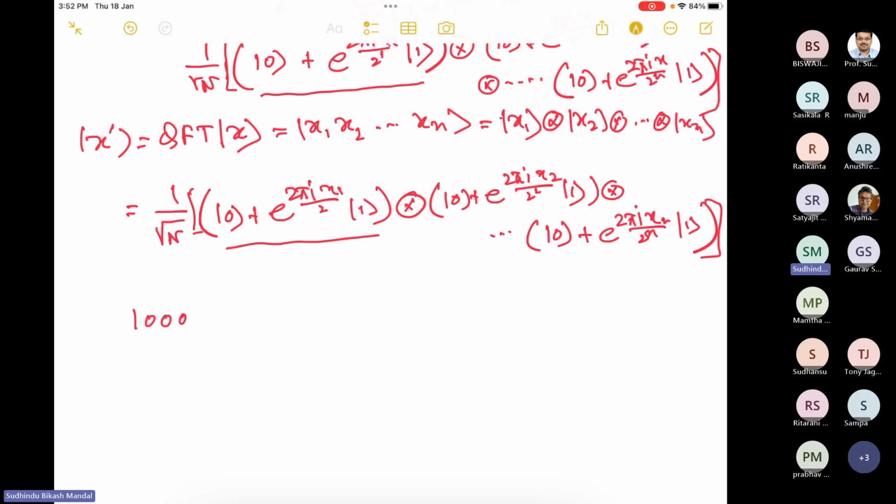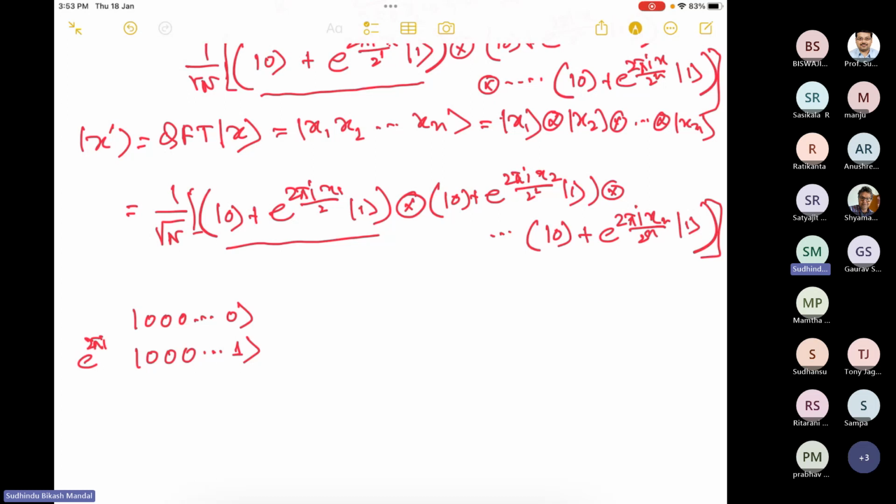We will get a number of zero terms if we add this. See, with n number of zero terms, there will be no phase term. Fine. And if we change just a single bit, then one phase term will come, and it will come to the power 2 pi.